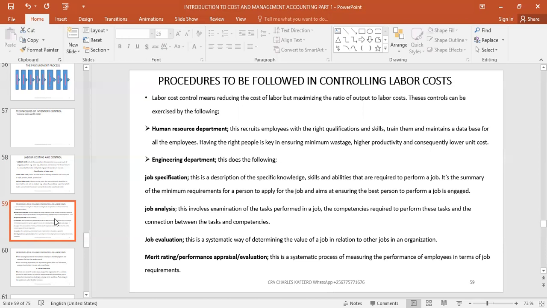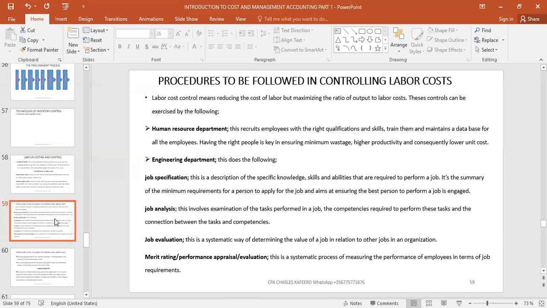The first department that can help in controlling these costs is the human resource department. The human resource department, those are the people who recruit the people who are going to be working for the organization. So we make sure that when they are recruiting those workers, they select those people who have the exact skills and experience that is needed to do a certain task.